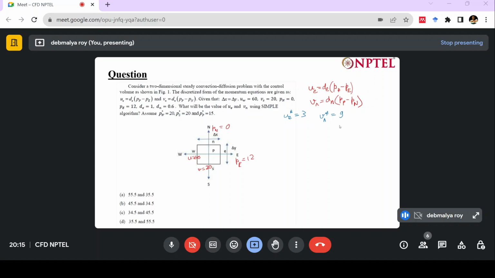So we have the guessed velocities and the guessed pressure. We can now proceed to the pressure correction equation, which we can arrive at using the flux equation.